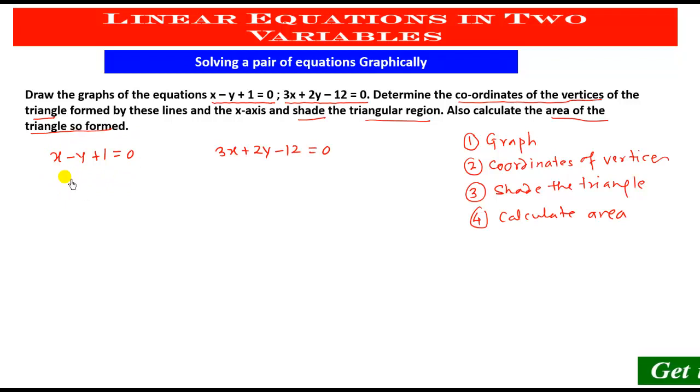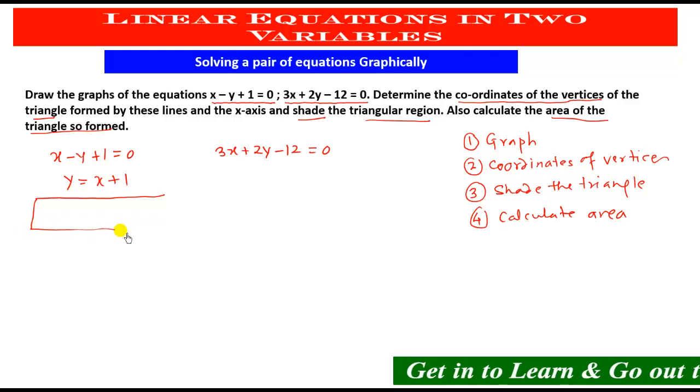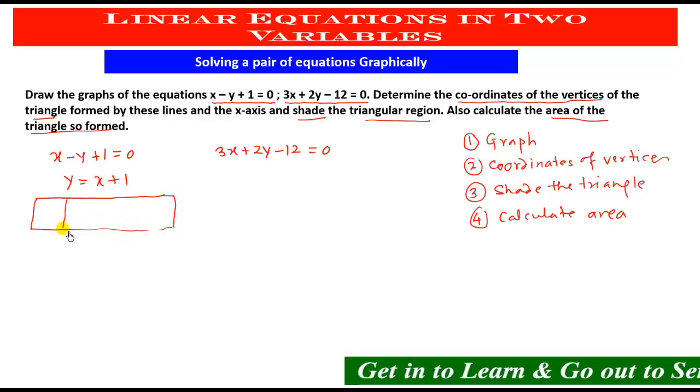If you take x to this side and 1 to this side, both will become minus, so it will be y is equal to x plus 1. For this equation we find three possible solutions which are suitable to draw the graph.